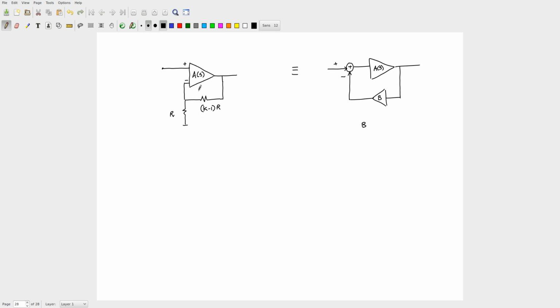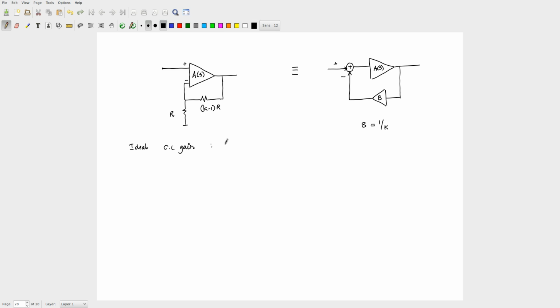Okay. And what is the value of the closed loop gain, at least the DC value of the closed loop gain? If A of s is very high, ideally the closed loop gain is nothing but what?